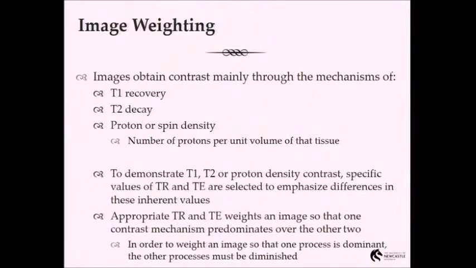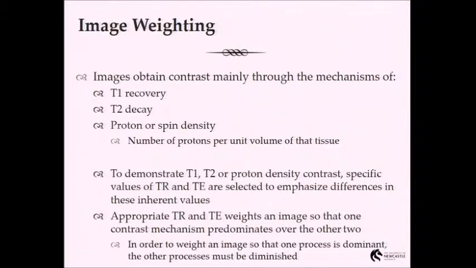So remember I spoke a little bit about image weighting. We don't acquire pure T1 images, we don't acquire pure T2 images in clinical MR. We talk about images that are weighted. So the images obtain contrast mainly through the mechanisms of T1 recovery, the amount of time it takes for that magnetisation to realign with the main magnetic field, and T2, loss of phase coherence.